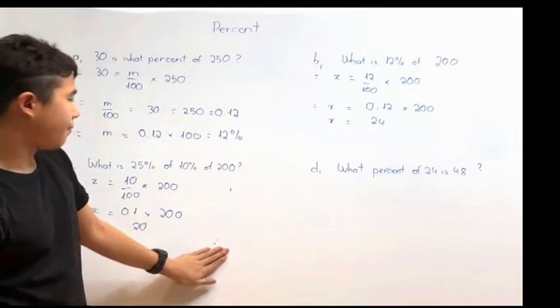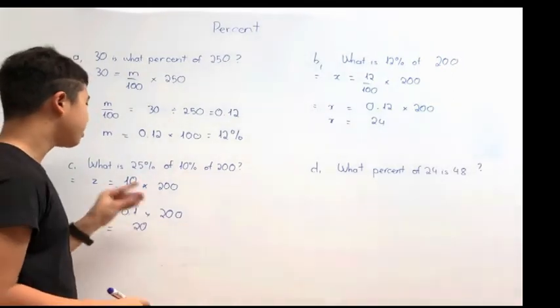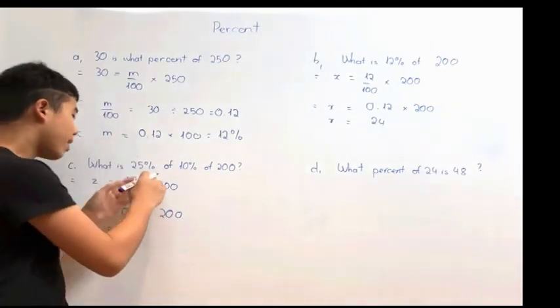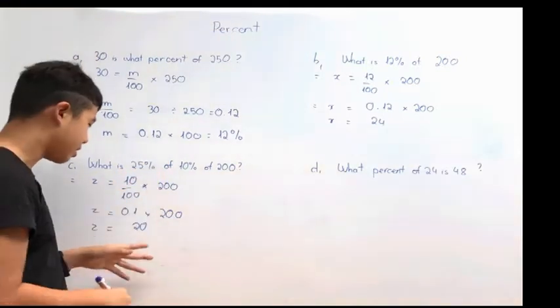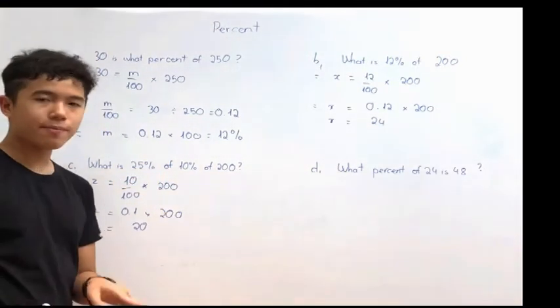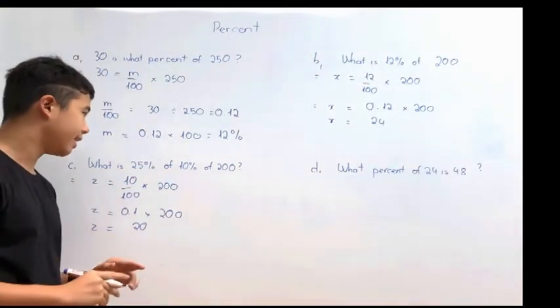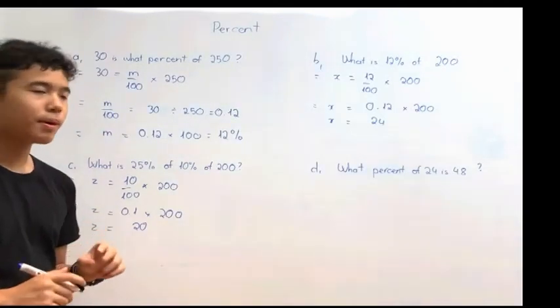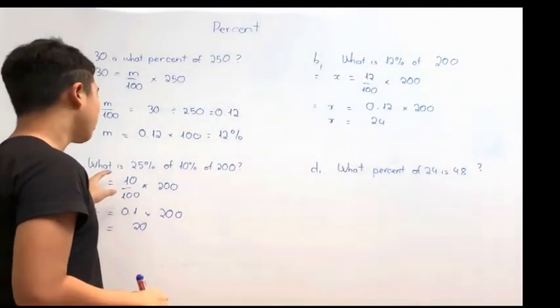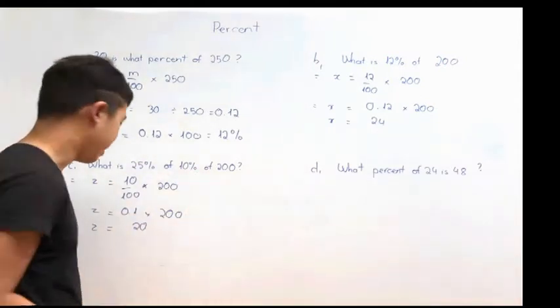And the next step, let's look at the next step. This one they ask us to find 25% of it. So what is 25% of 20? So basically we answer what is 25% of 20.